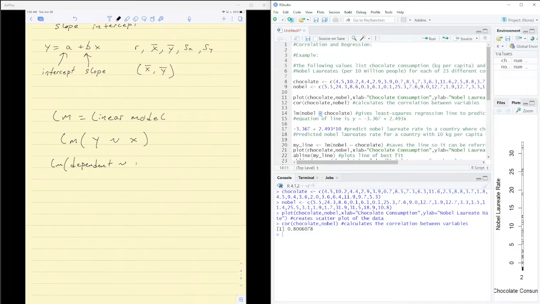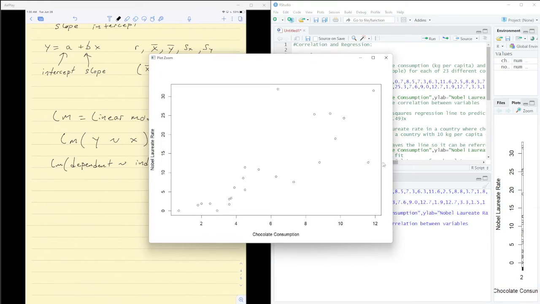So I have Nobel here and then chocolate, because I have Nobel on my y-axis here. The problem didn't specify that, but that's how we set it up.